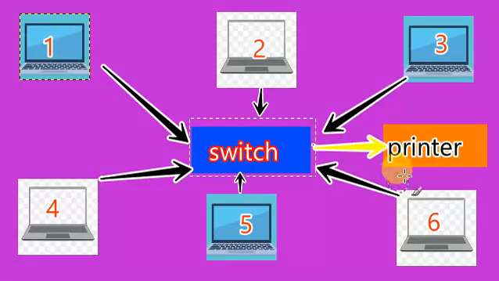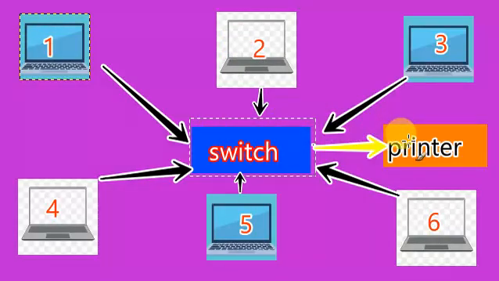Here is another device on the network called a printer. Do you know that every one of these computers can all print to this printer by virtue of this switch? This switch acts as a medium in the center of all these computers so that every one of these computers can send documents to print out.